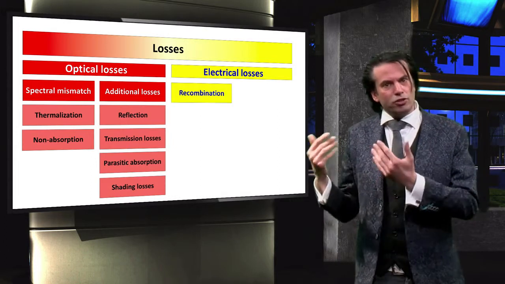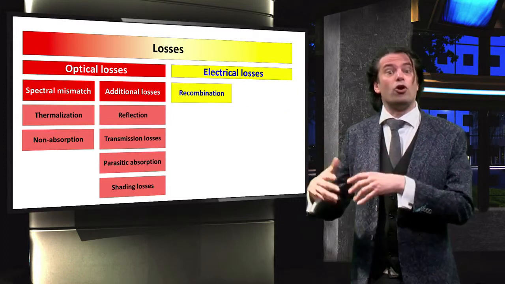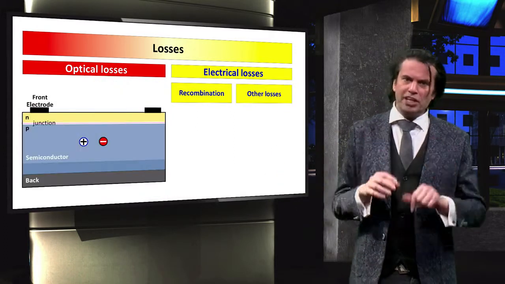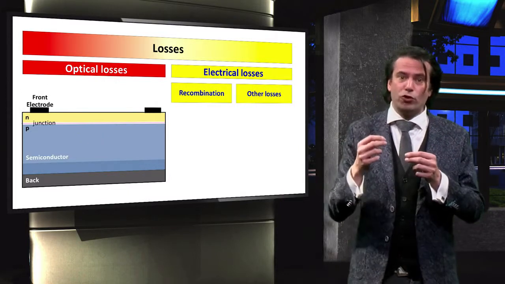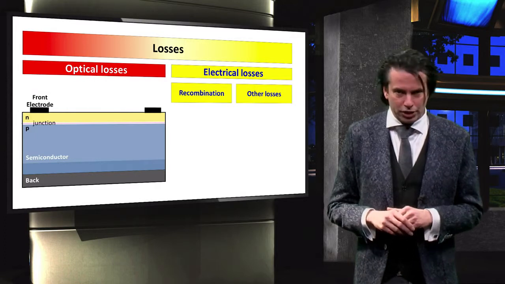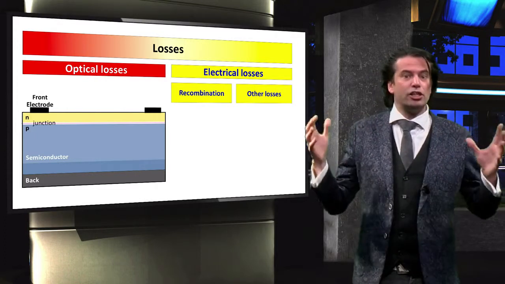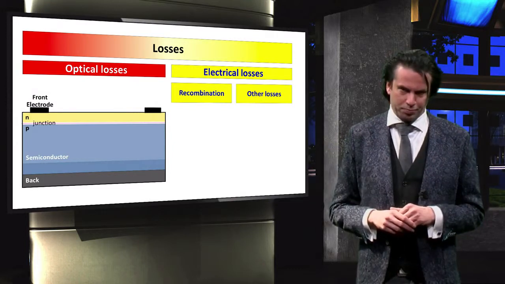In the electrical losses section, we consider the recombination losses and other losses. As we have discussed, recombination losses occur when an electron after excitation falls back to its initial energy state. If this happens, that absorbed energy is essentially lost and cannot be converted into electrical energy.